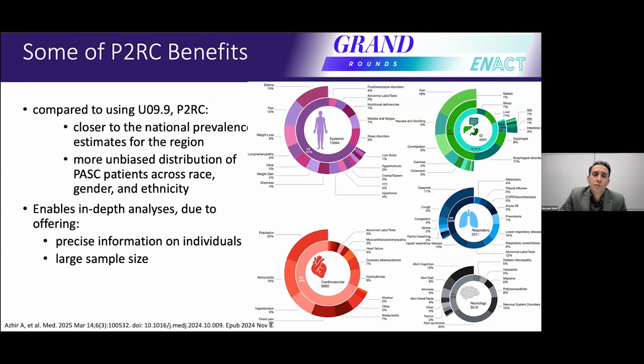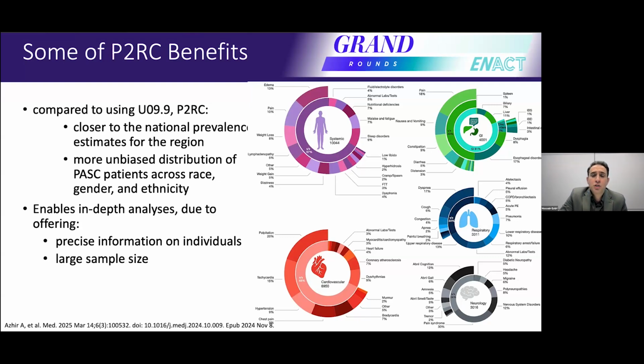But it's not only more realistic prevalence estimates, it's also a more representative group across race, gender, and ethnicity. That matters because it doesn't just boost our number, it reduces bias, and it gives us a more accurate picture of who's truly affected by long COVID.